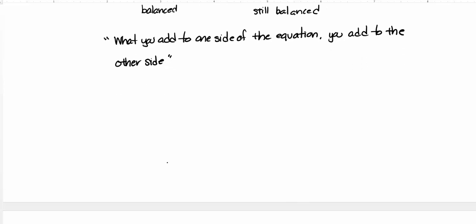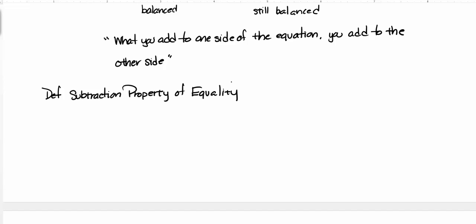By the same token, the subtraction property of equality: what you take away from one side, you have to take away from the other side as well. It goes hand in hand with the addition property. This says that if A equals B, and you take away something from both sides, it's still balanced.